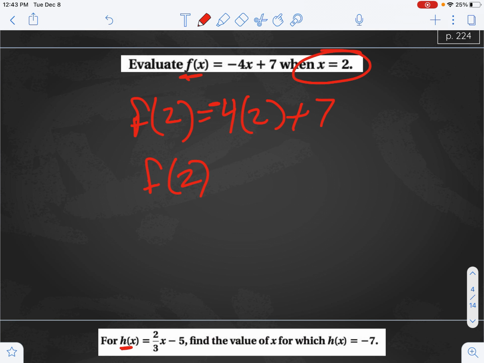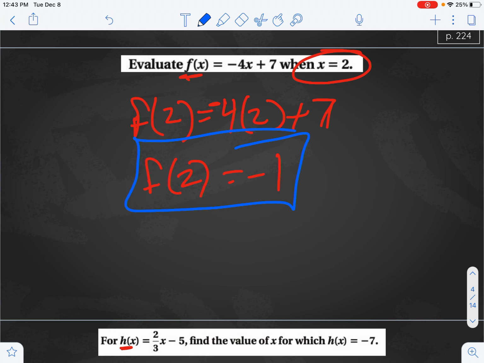So f of 2 equals negative 4 times 2 is negative 8, negative 8 plus 7 is negative 1. So this would be the form that I would want your answer in right here: f of 2 equals negative 1. I would not just want to see negative 1.